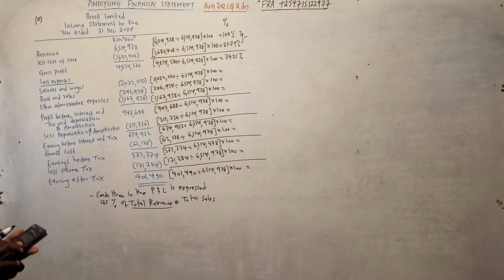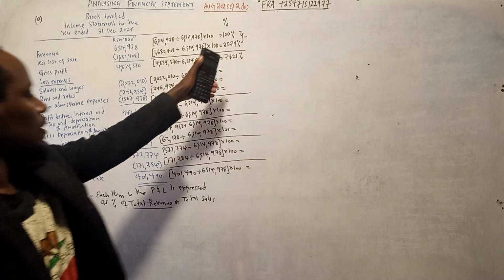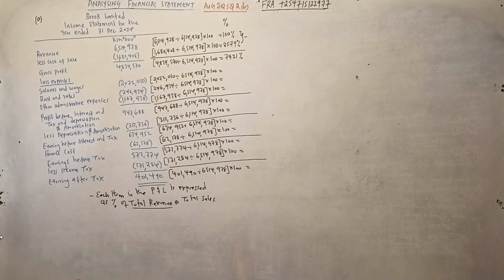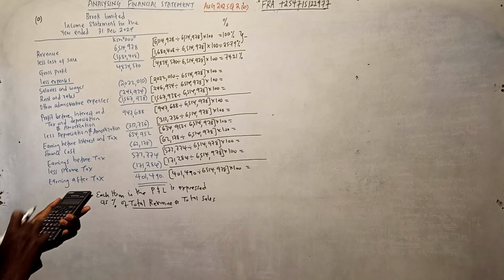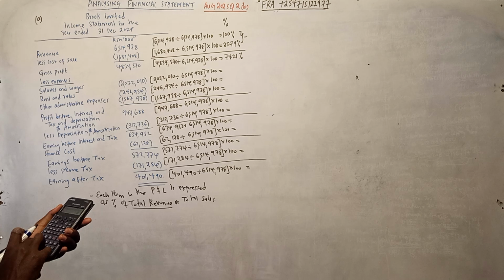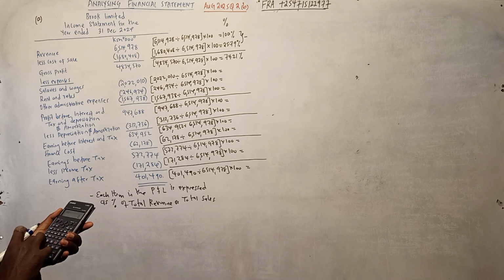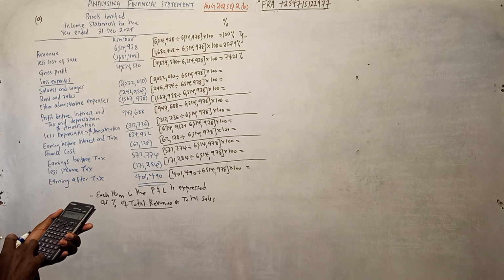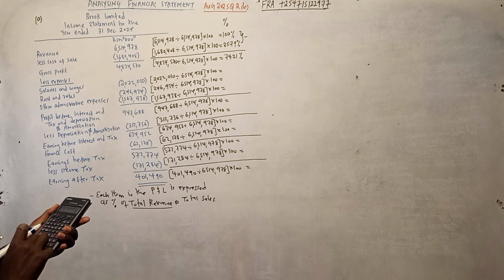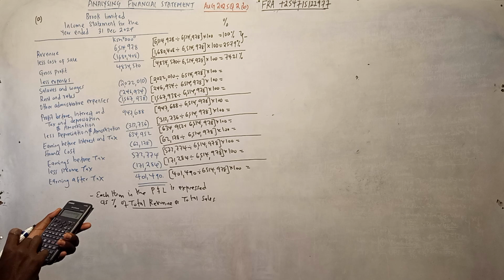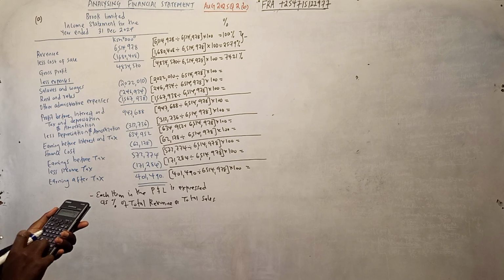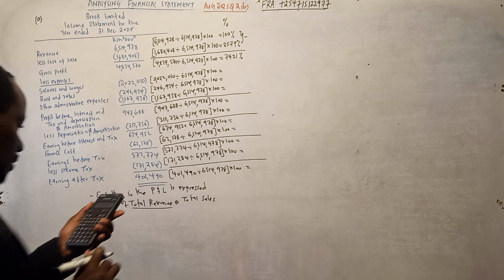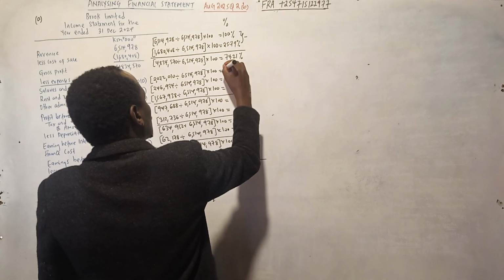Now let us move on to the upper part. Let us come up with the percentage of the vertical statement. 2,072,010 divided by 6,514,978 times 100. That is 31.80%.